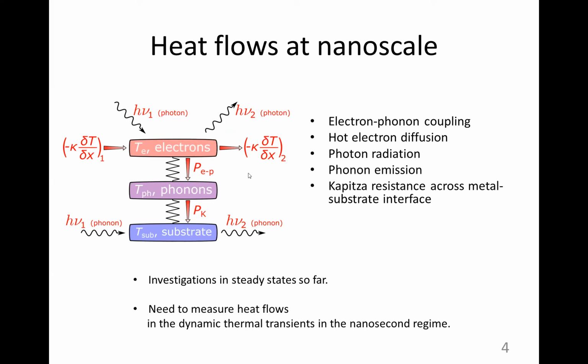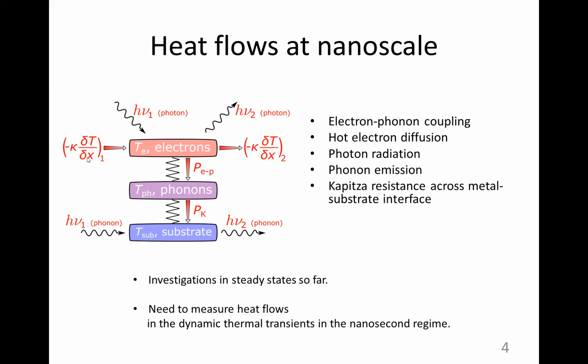The issue here is that we have some conducting sample that was evaporated on a silicon substrate, and we have phonons of the silicon and phonons of the substrate as well. So we can have many kinds of heat flows in such a system.